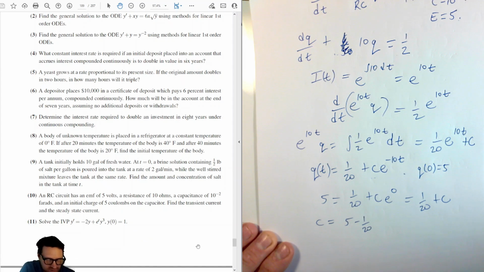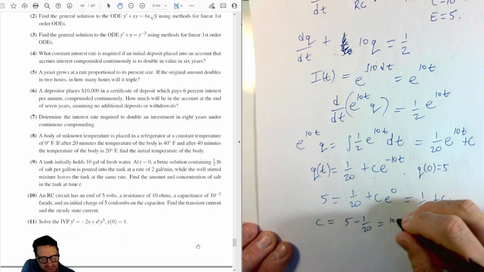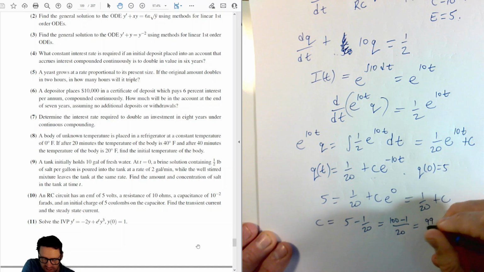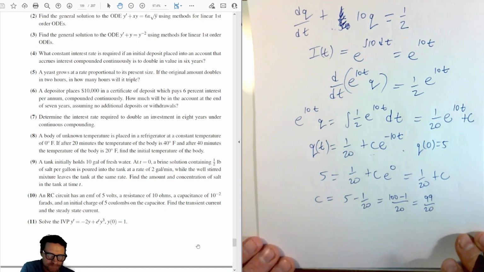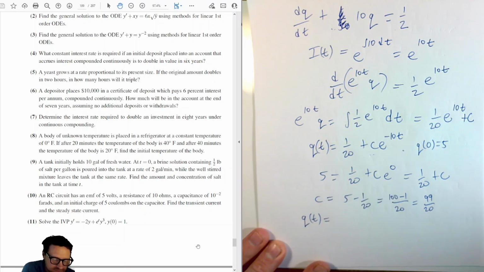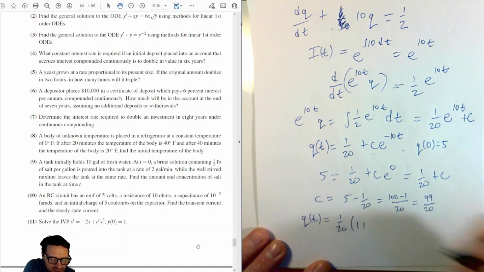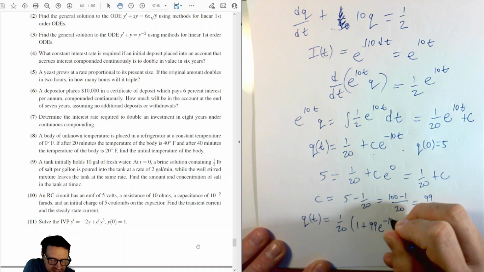So placing this over 20, we have 5 times 20 is 100 minus 1 all over 20, which is 99/20. Okay, and so we have q of t is 1/20 times (1 plus 99 e to the minus 10t).